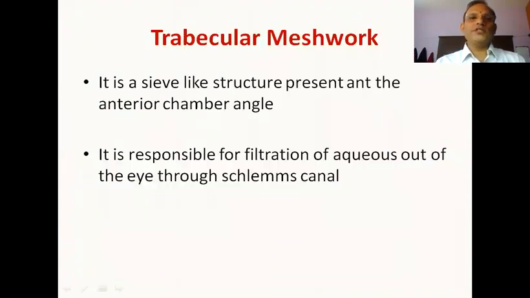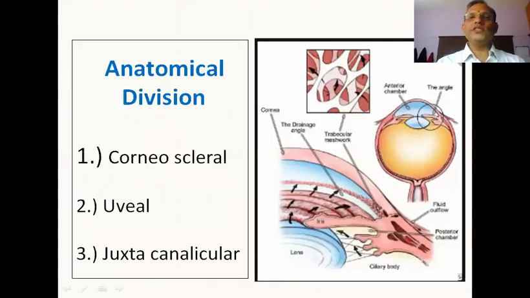Coming to the trabecular meshwork, it is a sieve-like structure which is present at the anterior chamber angle. It is responsible for filtration of the aqueous out of the eye through Schlemm's canal. Now we have two divisions in the trabecular meshwork. There is the anatomical division: corneoscleral, which is nearer to the cornea; uveal, which is nearer to the uveal part; and juxtacanalicular, which is near to the Schlemm's canal.